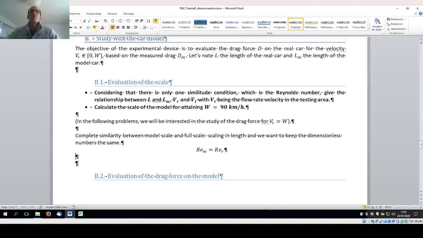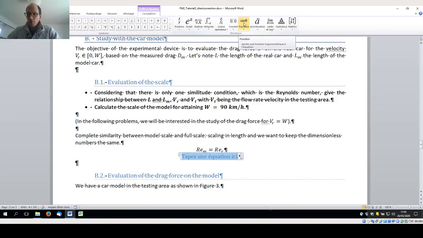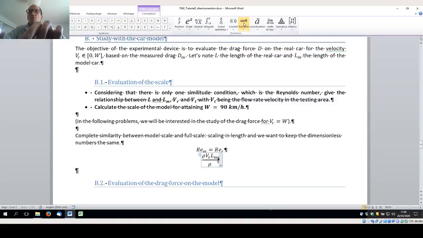So the Reynolds, by definition, is simply rho, the velocity of the model scale, that is the velocity in the testing area, the length of the model scale, divided by the viscosity, sorry.